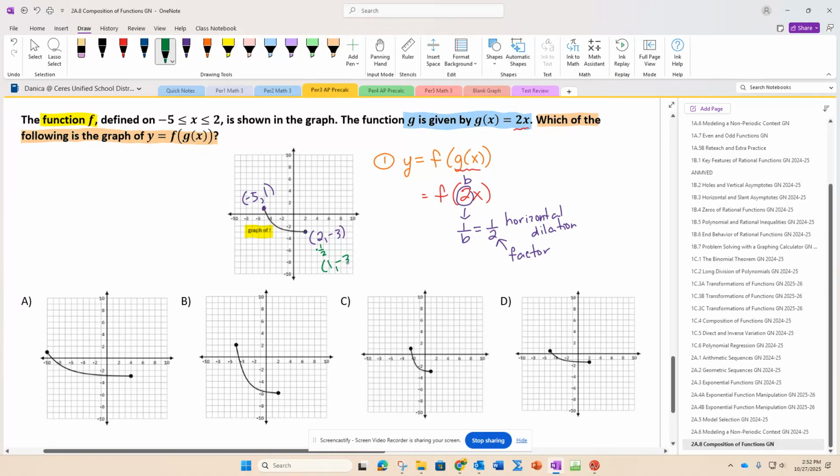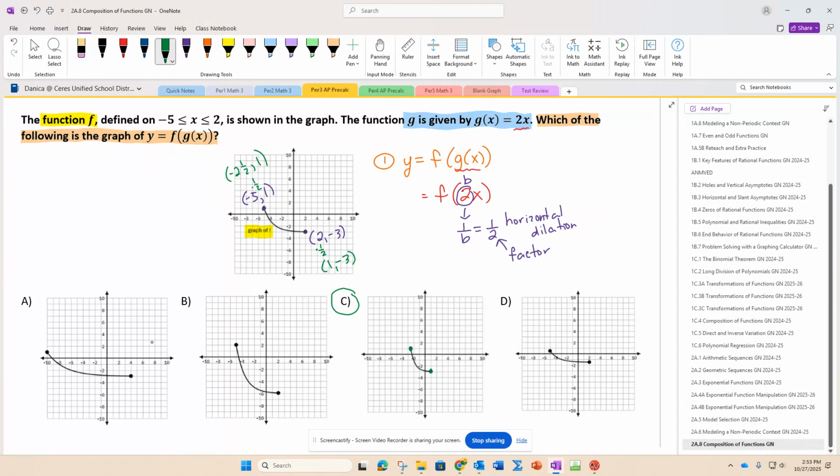That gives us the point 1, negative 3. And we take the negative 5 times a half, which is negative 5 halves, which is negative 2.5, comma 1. So we're looking for the graph that has these two endpoints now, negative 2.5, comma 1, and we find that here, and 1, comma negative 3, which we find there. So it makes C the correct answer.